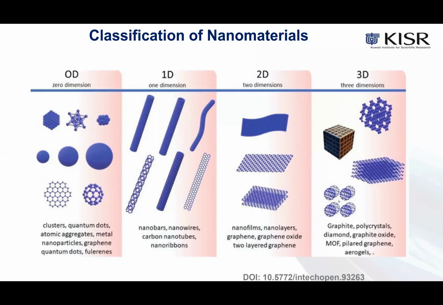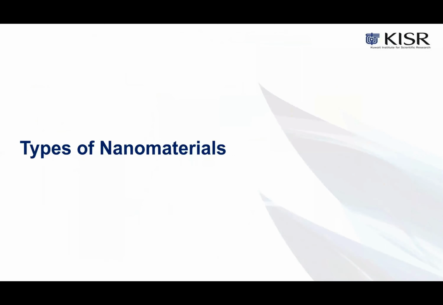This can include nanobars, nanowires, carbon nanotubes, and nanoribbons. Two dimension, in which the free electron can move in the XY plane, and this includes, as we can see here, the nanofilm and nanolayers. Or three dimension, which is a nanostructure material built of nanoparticles as a building block, in which the free electron can move in the X, Y, Z directions, including polycrystals, diamond, and graphite.